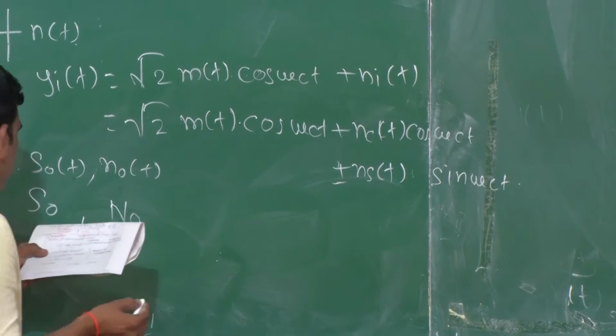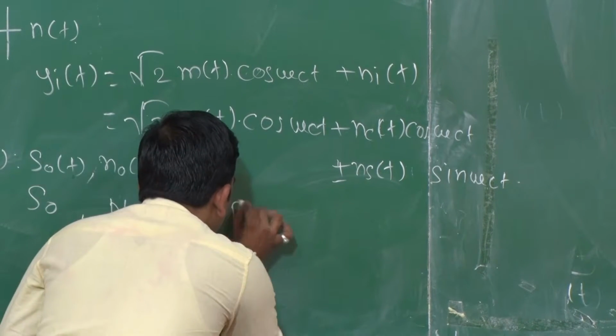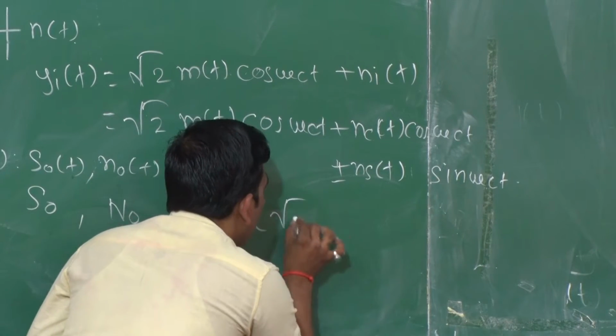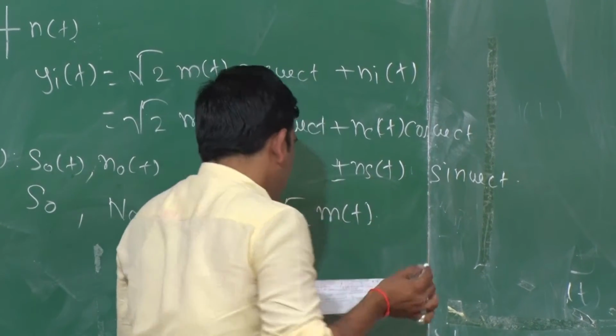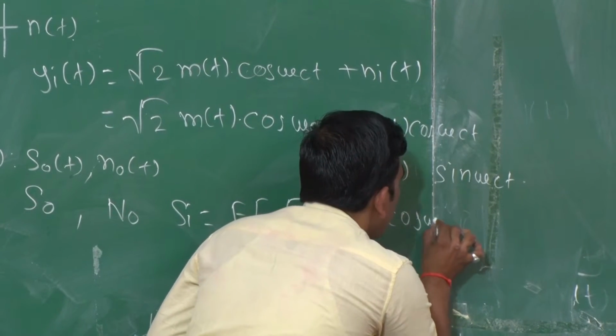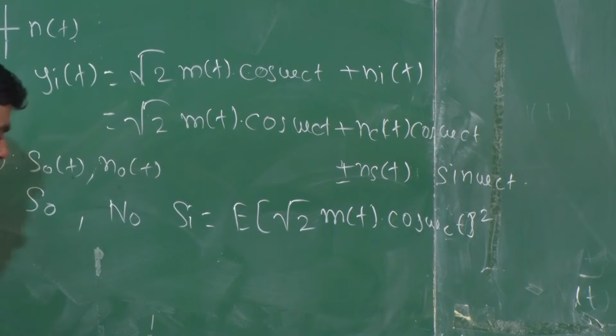So here we will get this Si, that is the expected value of root 2 m of t cos omega ct, squared.